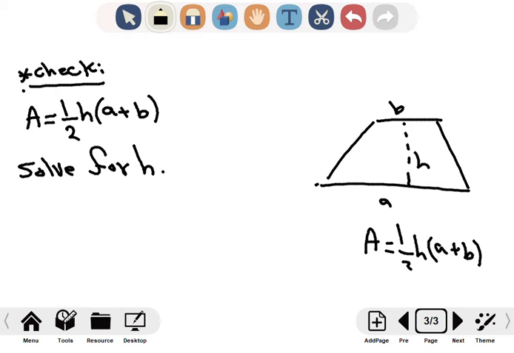Where is H? The half is multiplied by H, and the parenthesis is multiplied by H. So I can write it like this.